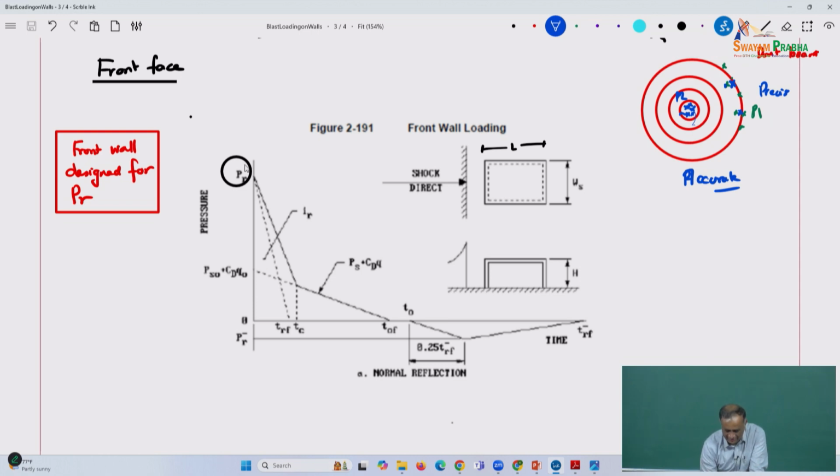Now, notice there are a couple of other things. Also in the front face, there is your PSO and you also have the blast wind pressure. We also call this the dynamic pressure.